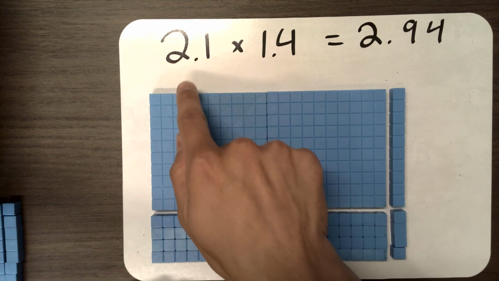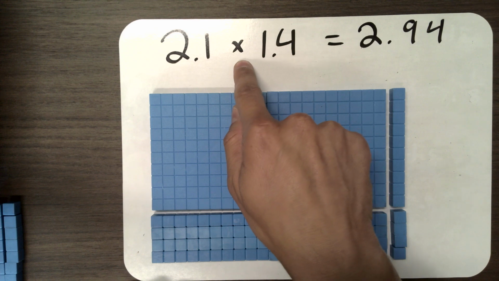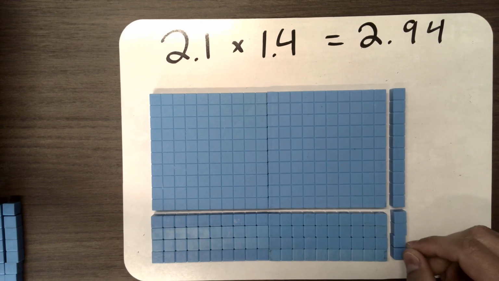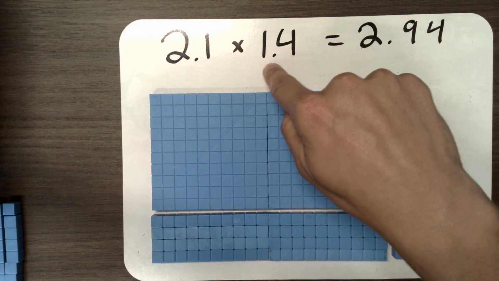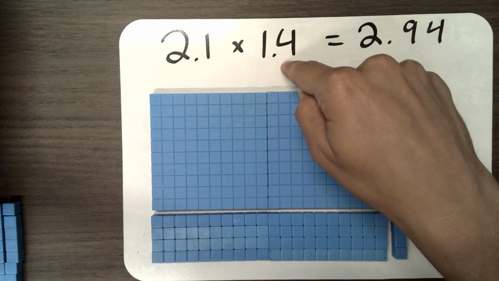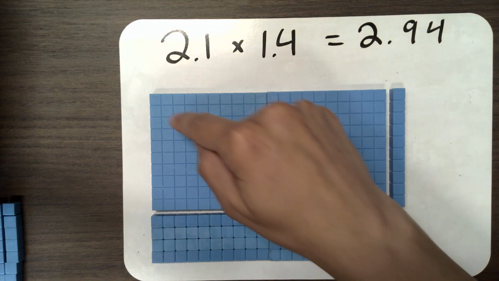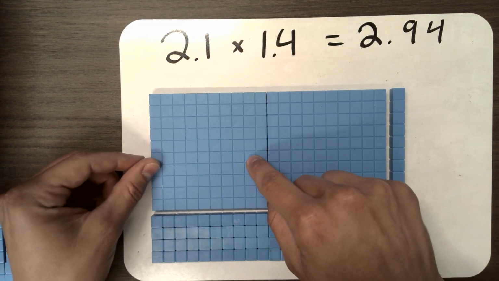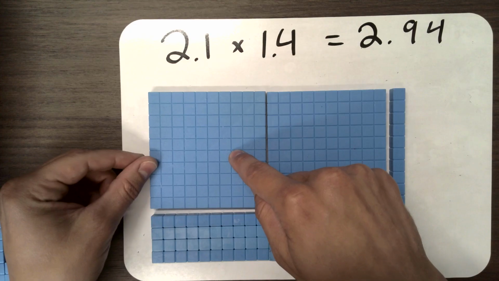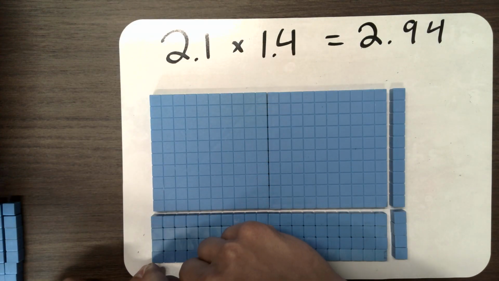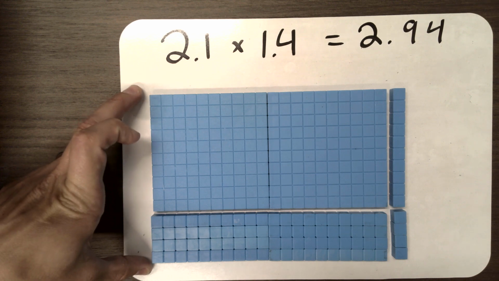We have 2 1/10 times 1 4/10. Again, we can think of this as an area model. If we're thinking of this 1 4/10 as the size of each group, then each group is one column. This is working off the assumption that one of these pieces has a size of 1. So this has a length of 1 and then a length of 4/10, so it has a height of 1 4/10.